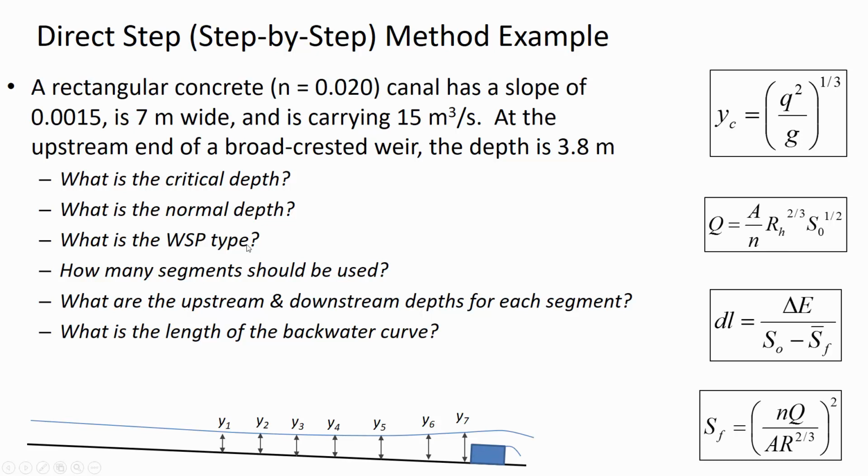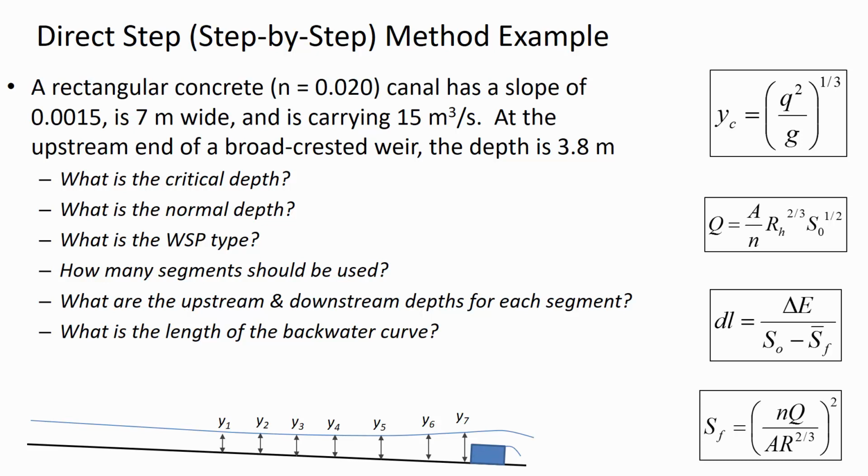After you get through that, then consider, according to the limit of 0.5 meters per segment, how many segments this should be divided up into. This may just be for purposes of illustration. I'm not saying there definitely are 7 segments we have to divide it into, but based on the difference between the upstream normal depth and the downstream depth immediately before that broad-crested weir, find out how many steps there have to be, and then what the depths should be for each one of the segments.